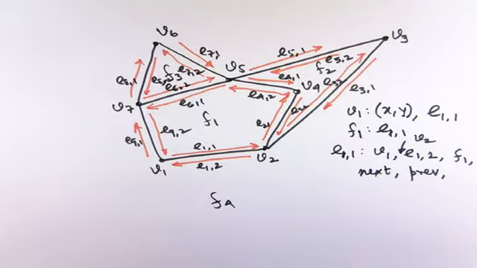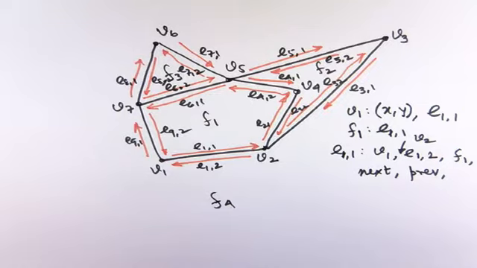How do you do the first one? You have the face. The face gives you one of the edges. Start from that edge. Do next, next, next, next, till you come back to this edge.